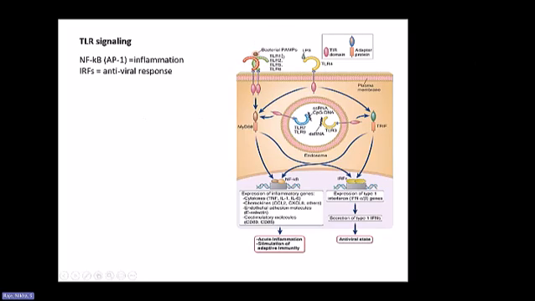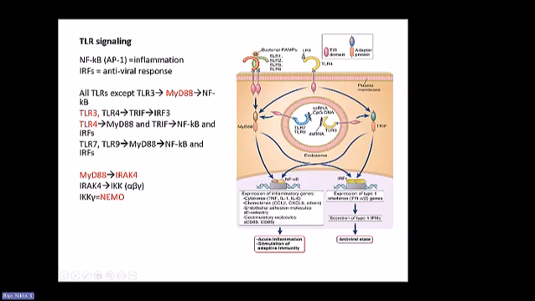So the goal of the binding of the ligands to the toll-like receptors is to either produce NF-kappa B or IRFs. So keeping that in mind, let's look at the signaling. So all TLRs except TLR3 go through the signaling by binding to adapters and some other proteins. One important one is called MyD88. And the MyD88 ends up resulting in release of the transcription factor NF-kappa B.